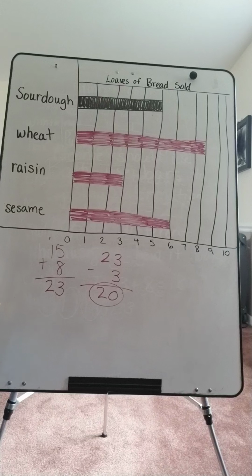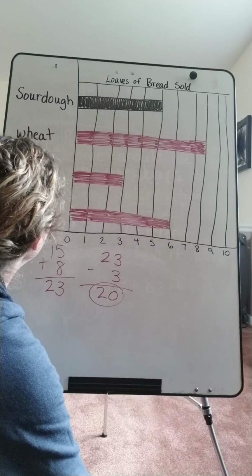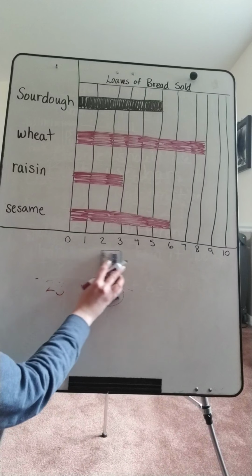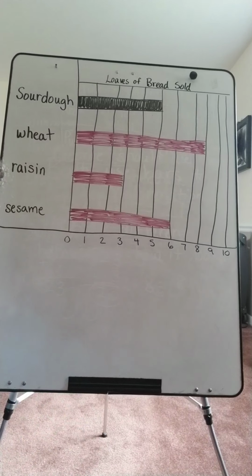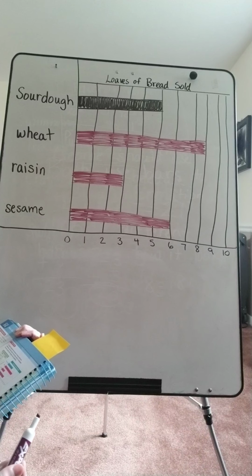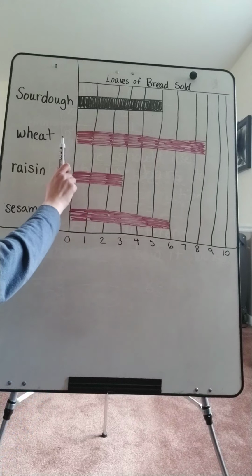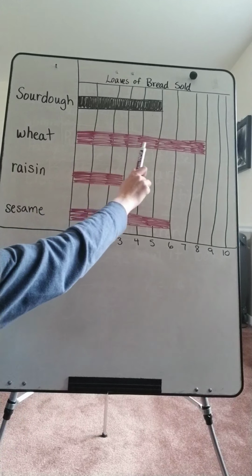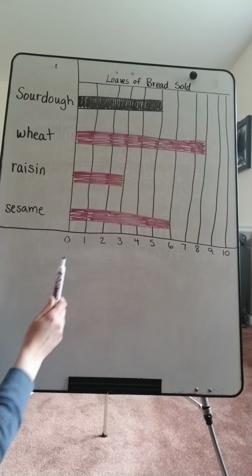Number 4, how do you know how tall or how long to make each bar on a bar graph? Well, it has to match the tallies, right? Like in the bird example and then this bread example, the number of tallies was the deciding factor of how far over we went with each of these.